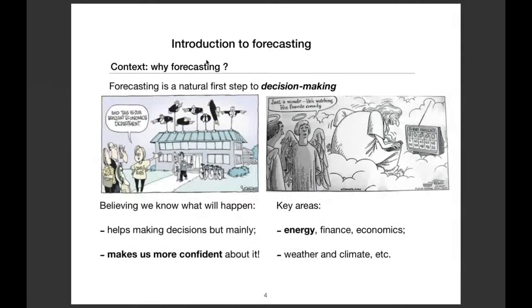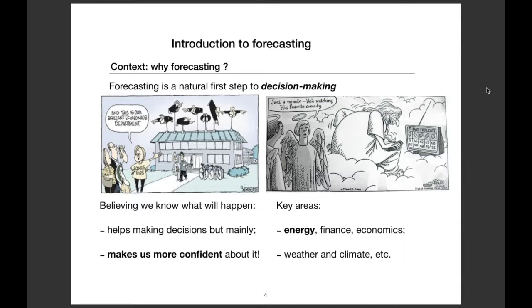But first the context. So why forecasting? In fact, forecasting is a natural step for decision making. We could forecast just for forecasting, why not? But at the end, most people use forecasts for doing something, and most of the time it is for decision making. So believing we know what will happen will help us make decisions, of course, and it will make us more confident about it.